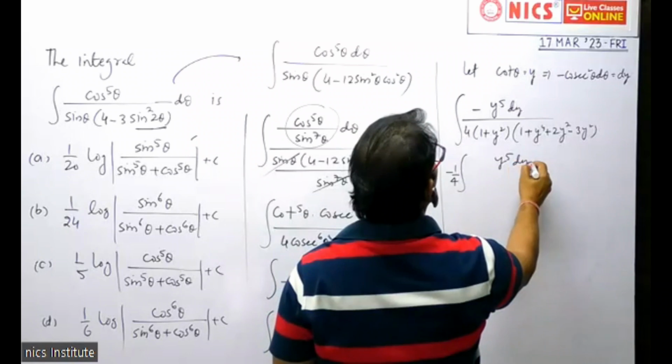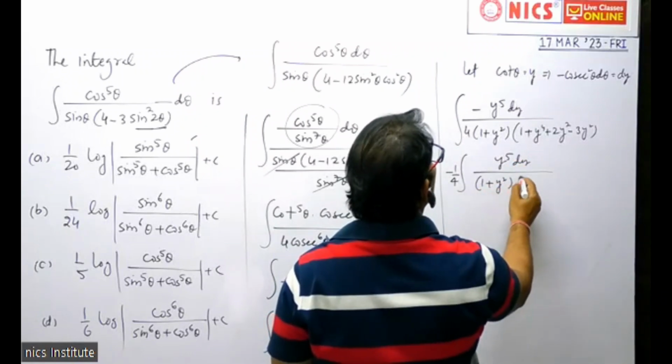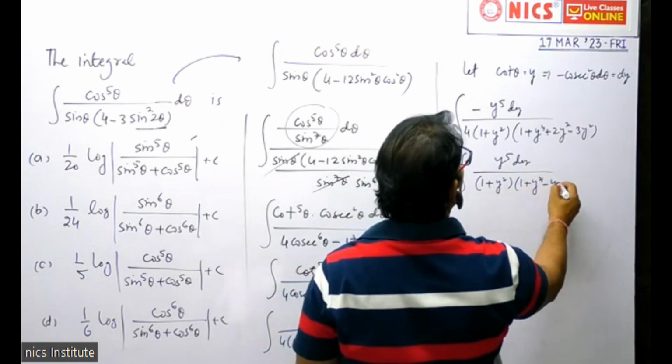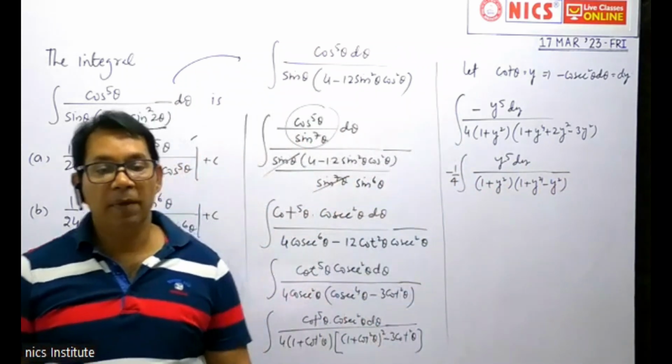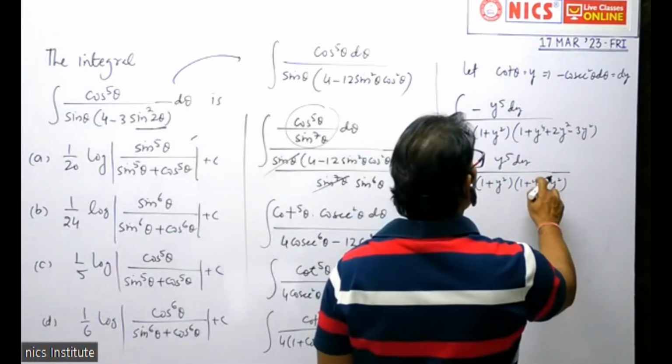Y to the power 5 dy divided by 1 plus y square, this is 1 plus y4 minus y square. Now tell me how to go about this. How would you integrate it further?